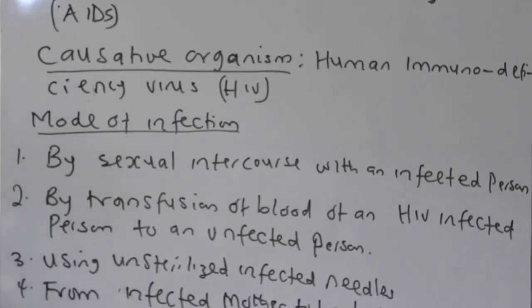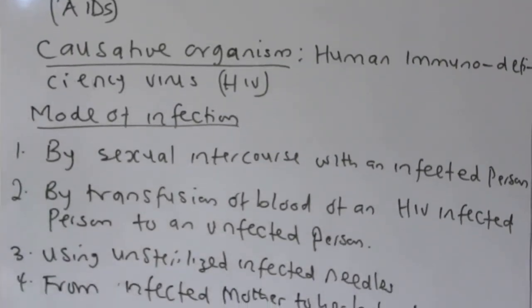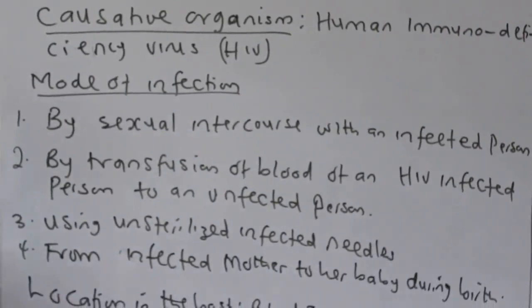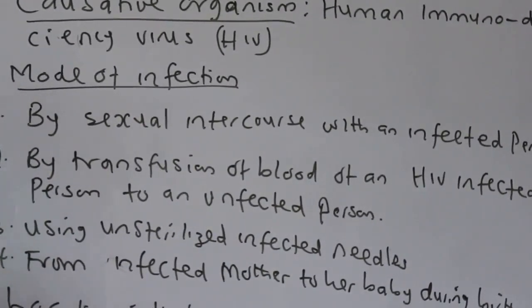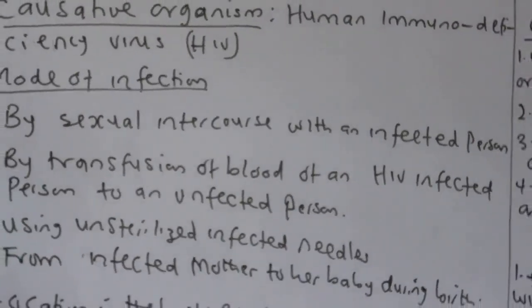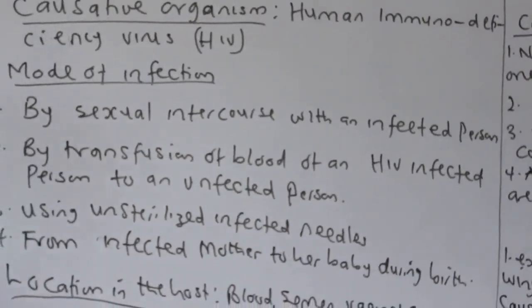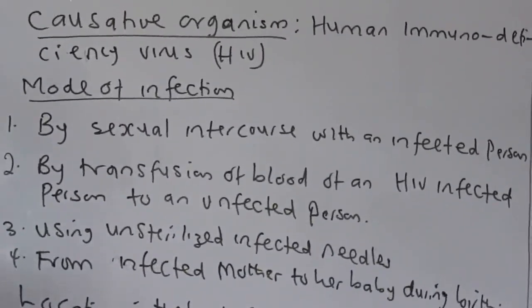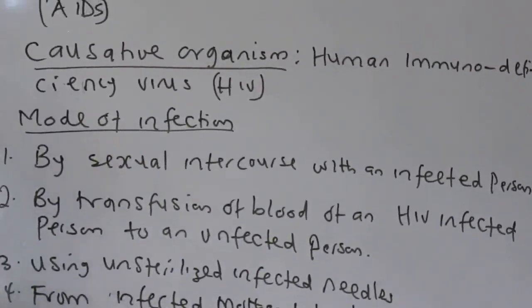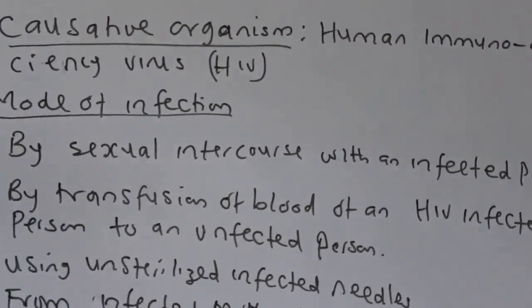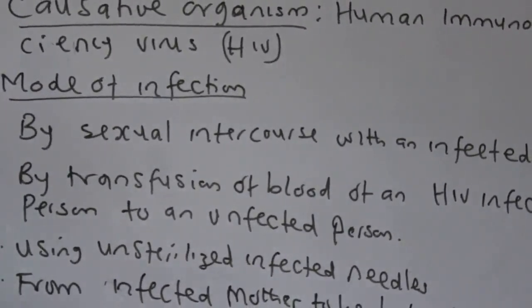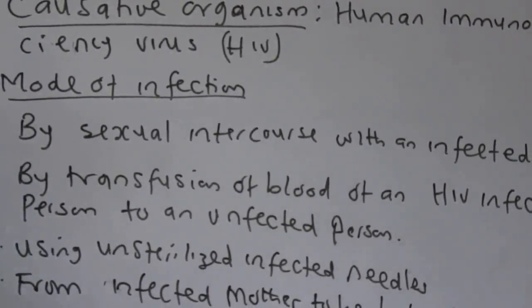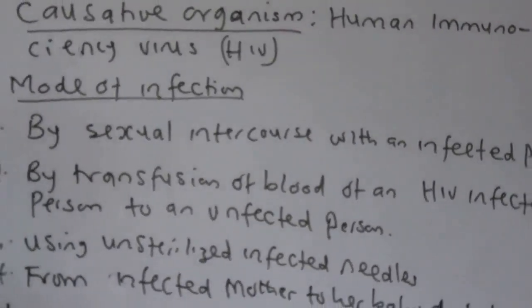And then we also have using unsterilized infected needles. And then we also have things like clippers and razor blades that are not sterilized. Once an infected person uses these objects, if an uninfected person should come and use this sharp object, especially where there's a cut in the individual's body that exposes it to the blood, and your blood comes in contact with the blood of an infected person, you become infected.